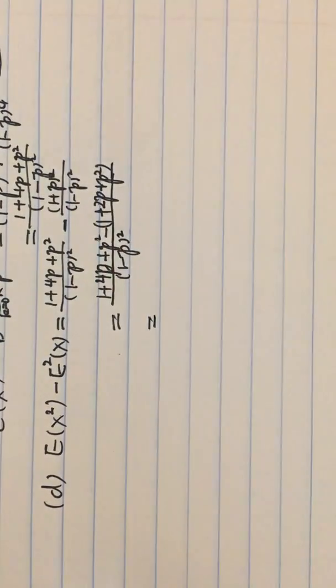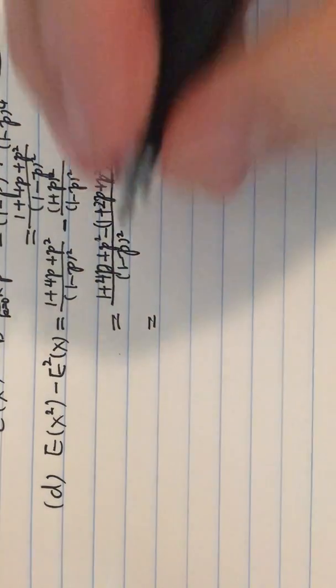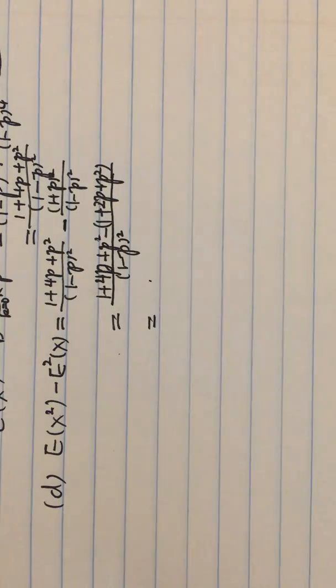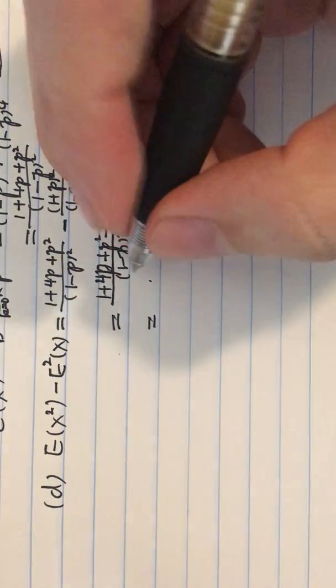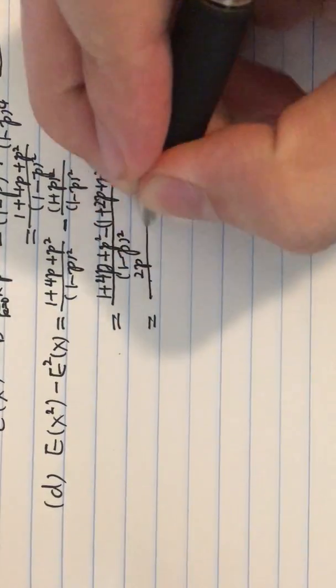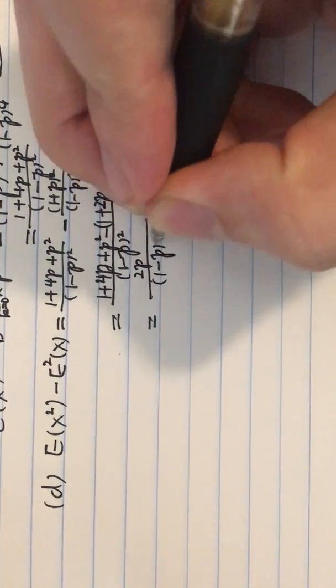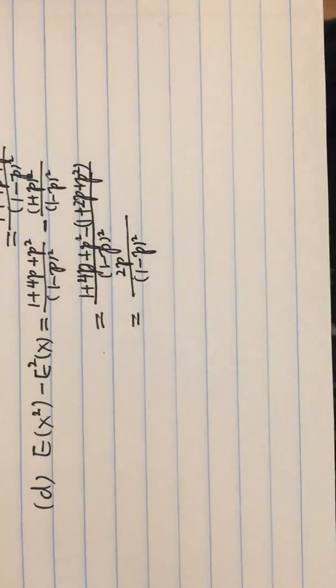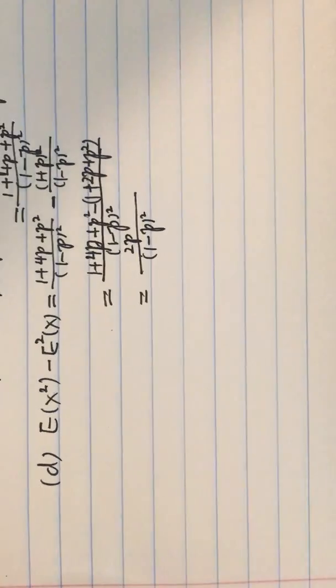This just equals 2 times p over 1 minus p to the power of 2. So this is problem number D.